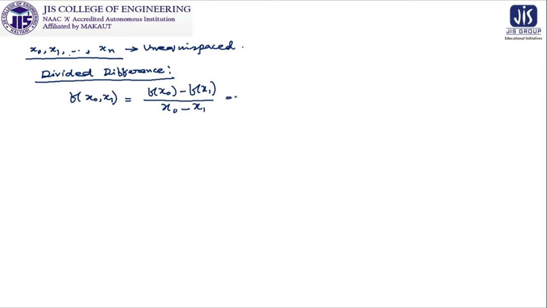And immediately one property we can generate from this definition: I can write f of x1 minus f of x0 by x1 minus x0. Both of them are the same, and it is f of x1, x0. That means f of x0, x1 is equal to f of x1, x0. The divided difference considering x0 and x1 and the one considering x1 and x0 will be the same.